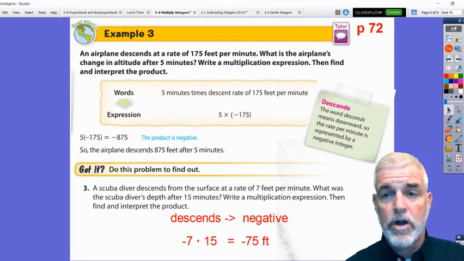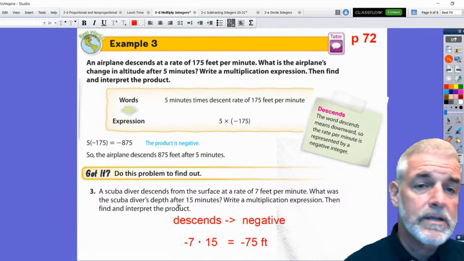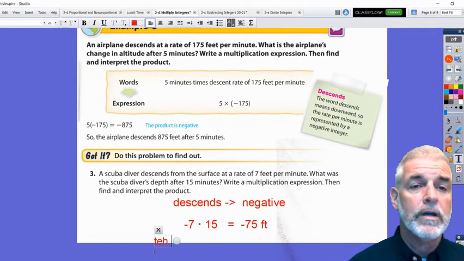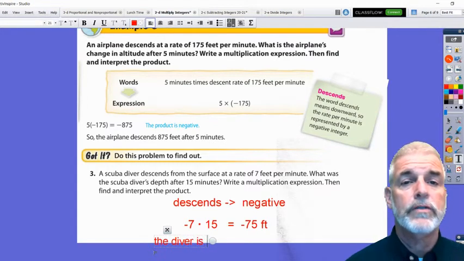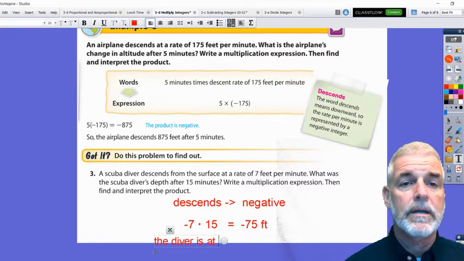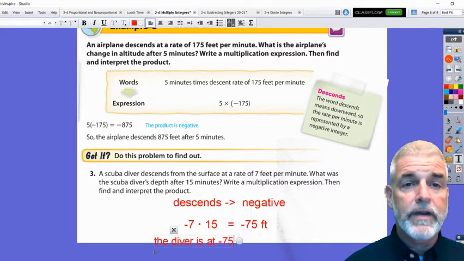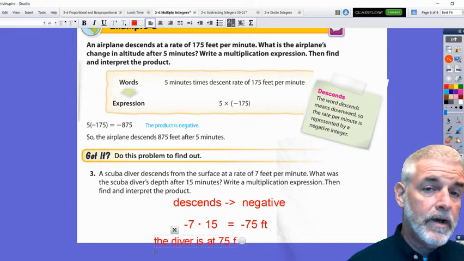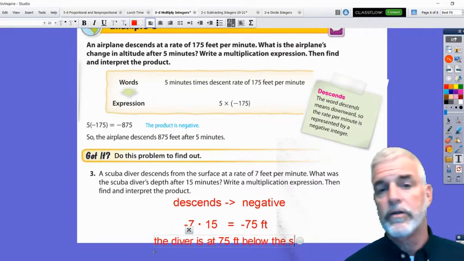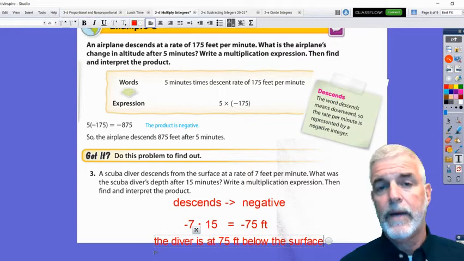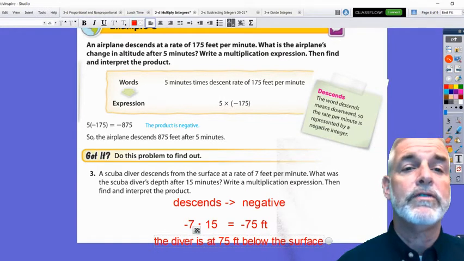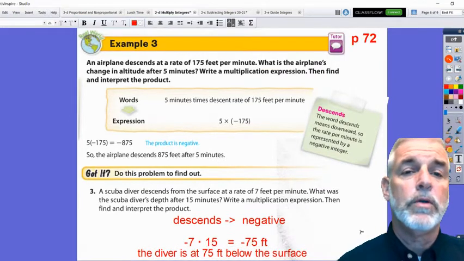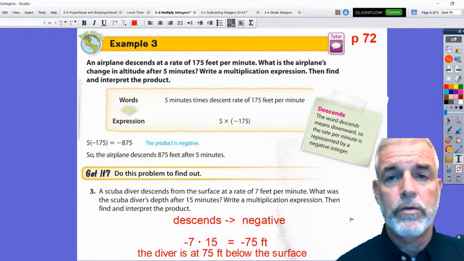So when it says to interpret the answer, you really should say something like now the diver is at negative 75 feet, or 75 feet below the surface. That would be the interpretation of what negative 75 feet means. Okay. 75 feet below the surface, the important words to use there.